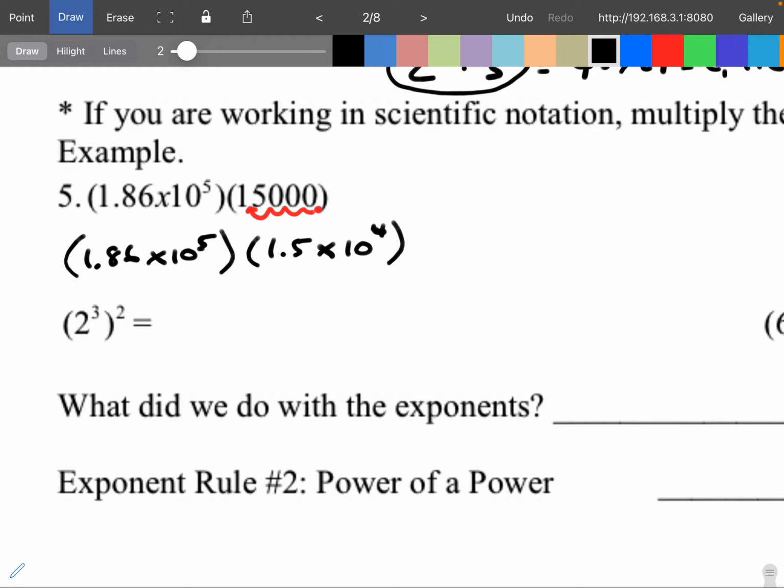And again, we can multiply in any order we want. So what I would do with this one is I would multiply the 1.86 times the 1.5. And then I would multiply the 10 to the 5th times the 10 to the 4th.